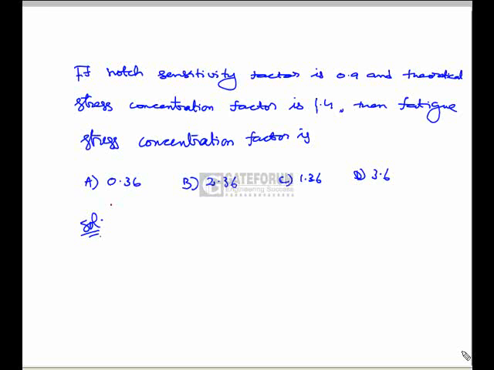So it is 67%, and the right option is C. If the notch sensitivity factor is 0.9 and the theoretical stress concentration factor is 1.4, then the fatigue stress concentration factor is: the options are 0.36, 2.36, 1.36 and 3.6. Here the given data is the notch sensitivity factor, let us say Q, is equal to 0.9, and the theoretical stress concentration factor, let us say KT, is equal to 1.4.